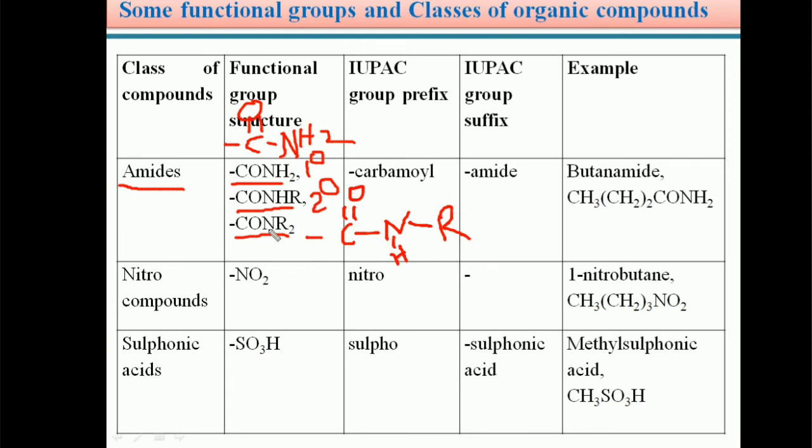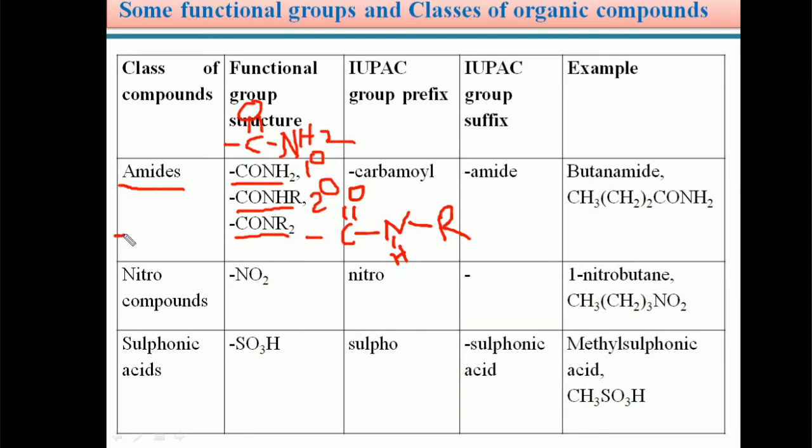If this nitrogen is connected with 3 carbon atoms, similarly in the previous slide we saw primary amine, secondary amine, tertiary amine. Similarly here also primary amide, secondary amide, tertiary amide.